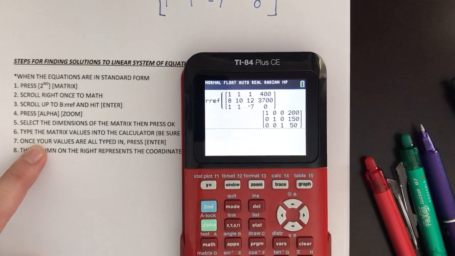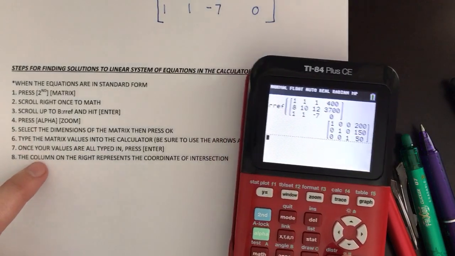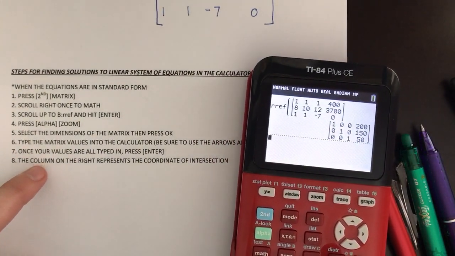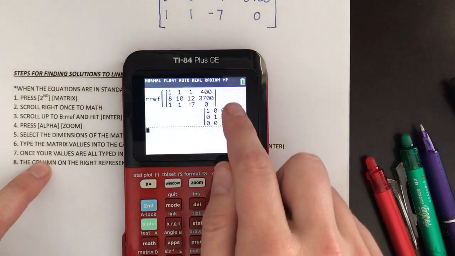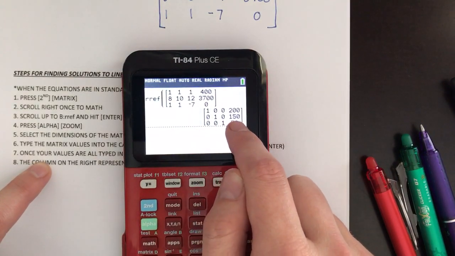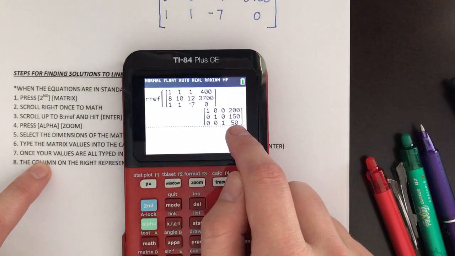So enter. The column on the right represents the coordinate of intersection. So the column on the right, the 200, 150, and 50.